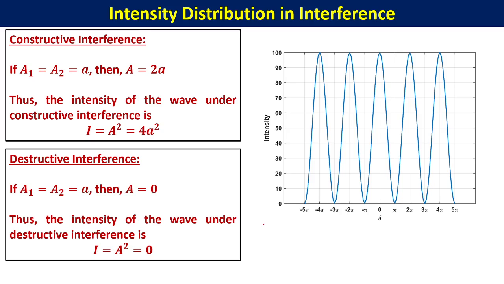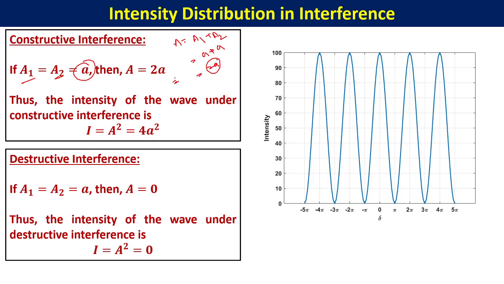Then hopefully this is the final slide: intensity distribution. As I already said, for constructive interference, let us consider the amplitude to be the same, say a1 equal to a2 equal to small a. In that case, what is the total amplitude? A, as we know, is a1 plus a2 for constructive interference, so I can write a plus a, which is equal to 2a.